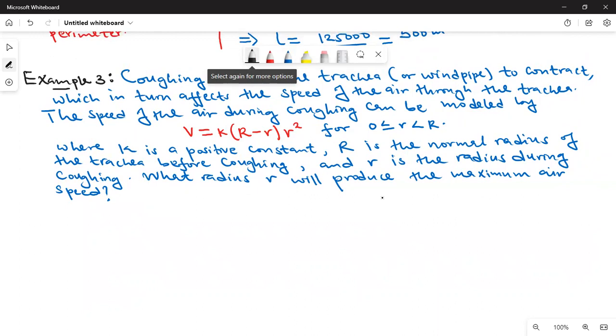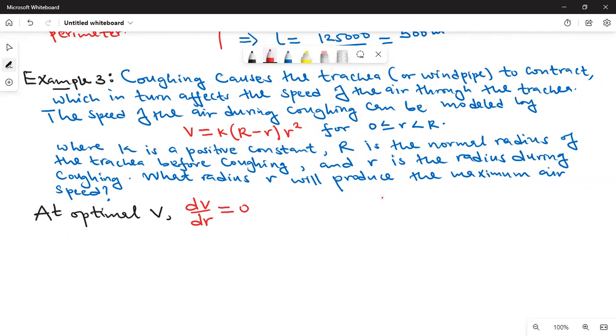So we write solution: at optimal value of the speed, the derivative of V with respect to r must be equal to 0. Take note that the capital R is a constant, the normal radius of the windpipe before coughing. The K is also a constant.